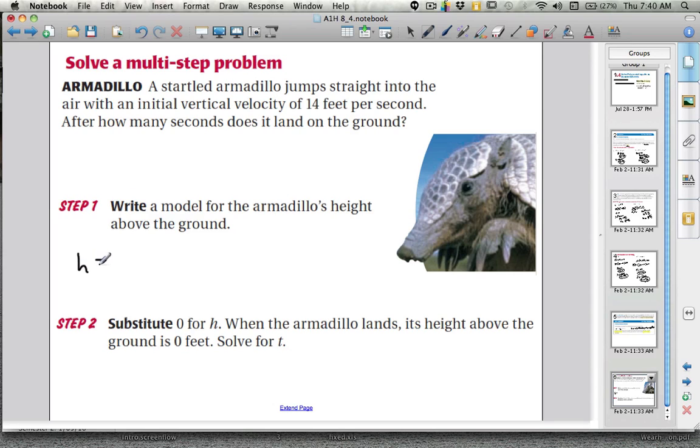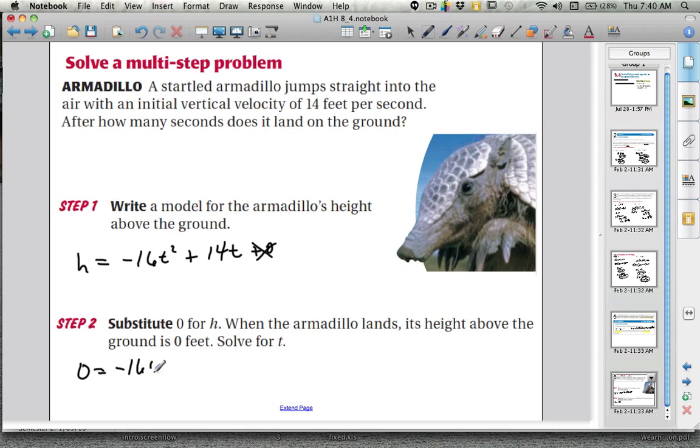So the height will be negative 16t squared plus 14t plus 0. And so the plus 0 will just sort of drop out. We're going to substitute 0 in for h, because that's after how many seconds does it return to land on the ground, that means its height is going to be 0.